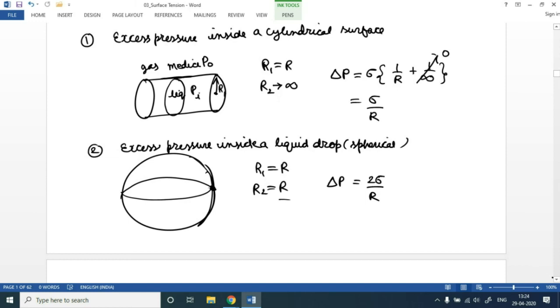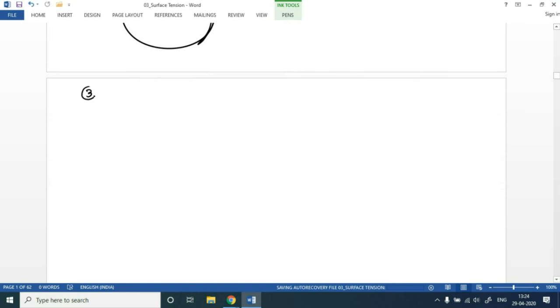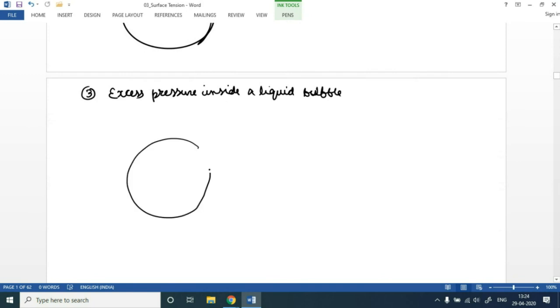And another thing we must notice here is the excess pressure inside a liquid bubble. The difference between a liquid drop and a liquid bubble you must realize: whereas the liquid drop will only have one interface, a liquid bubble will have two interfaces.